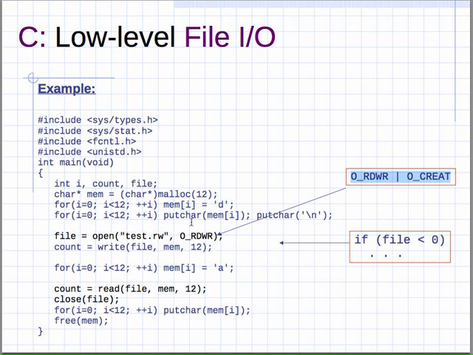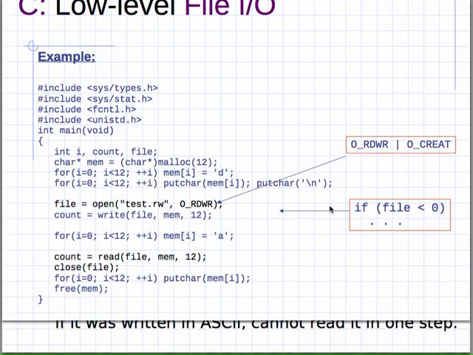Okay, so this would mean that you'll never get an error message. You probably wouldn't have to check, unless there's something wrong with your name or something like that. If you use this flag, you would create the file, and open it for reading and writing. If you create it, of course, there's nothing there to be read. You can only write to it, really.